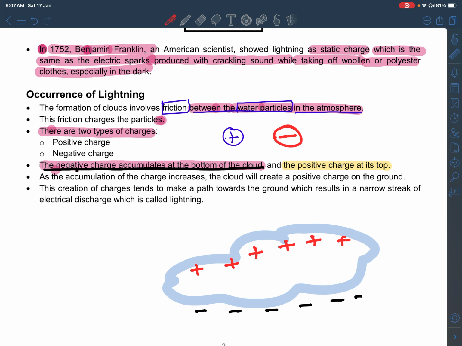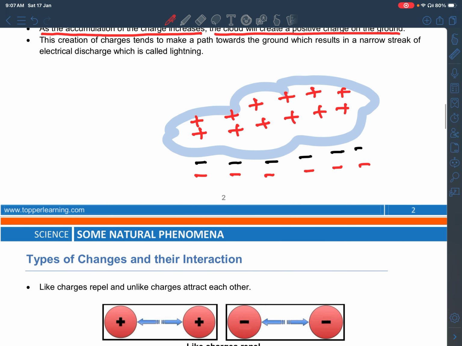Okay. Now, as the accumulation of charges increases, the cloud will create a positive charge on the ground.